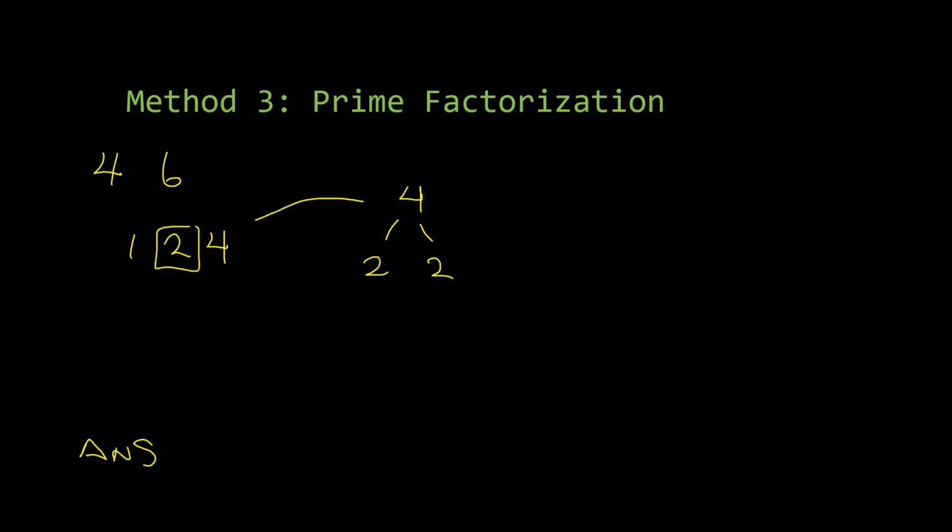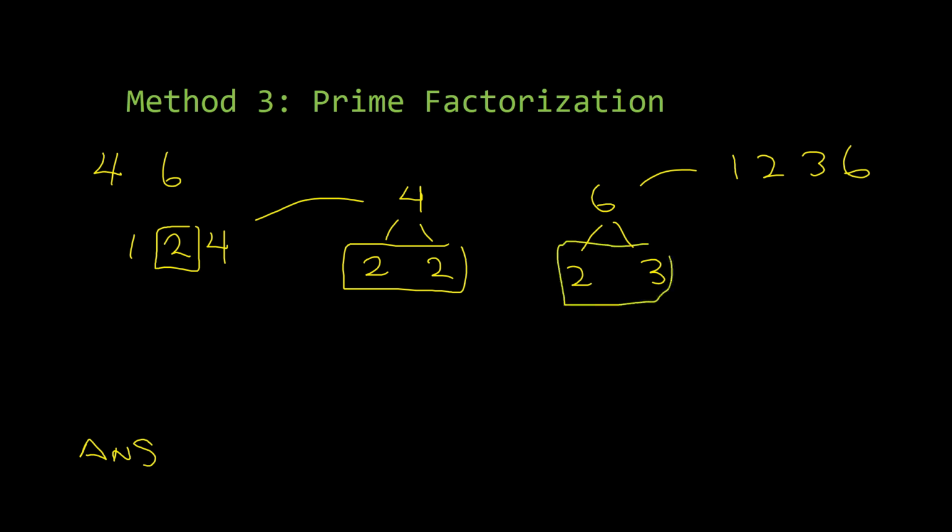The next number that we have is 6. Now 6 has the factors of 1, 2, 3, and 6. We are only interested in the prime numbers that make up this 6. And we know that the prime numbers that multiply to give us 6 are 2 by 3. Now what we have to do is build our answer. Our answer must contain all the prime factors of 4 and all of the prime factors needed for 6.